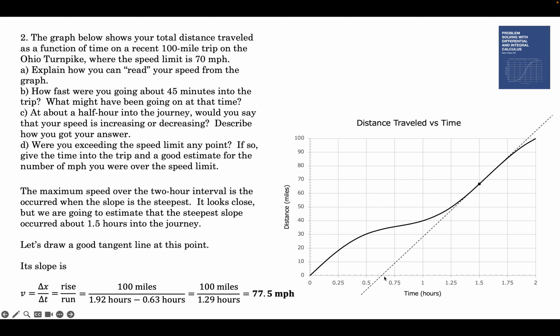And this looks like 0.63, okay. 100 miles in 1.29 hours. The run is 1.29 hours if we're careful. Ooh, 77.5 miles an hour. Speed limit's only 70. You're exceeding the speed limit at 1.5 hours. That's problem 2.